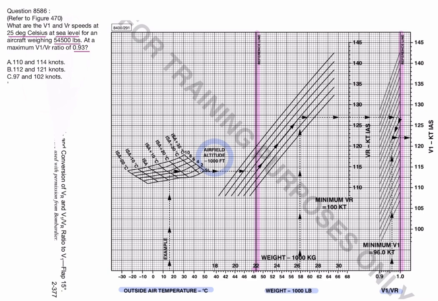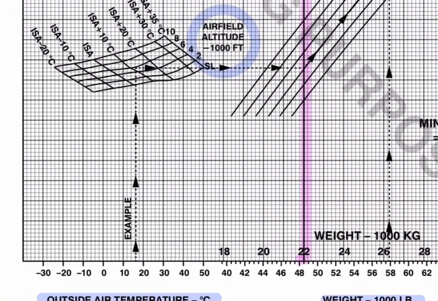Remember, for all of these, we're just following the example, and in case you forgot, that example is right here. It's these black arrows that have been drawn out for you. Okay, so I'm going to take that away. And now we're going to start by entering the graph at 25 degrees Celsius.